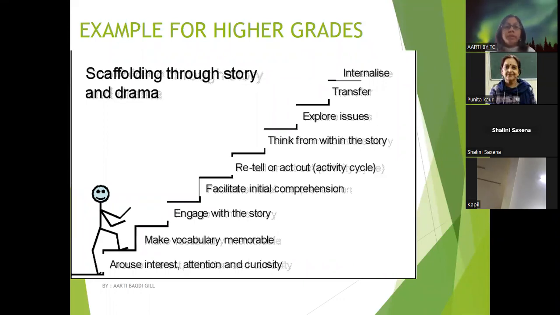Here, we need to put in some interesting elements, grabbing their attention, increasing their curiosity, using new vocabulary words, relating to previous memory, engaging in the story. And then when you make a whole movie of that particular session, gradually you will also feel, oh my God, it was so easy for me to go for such sessions.